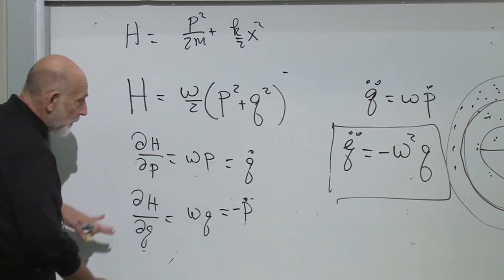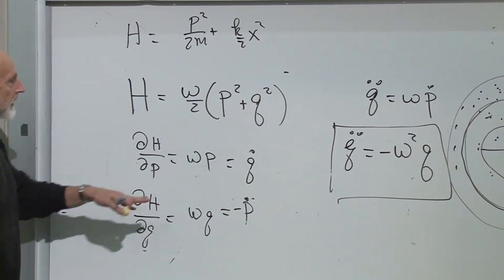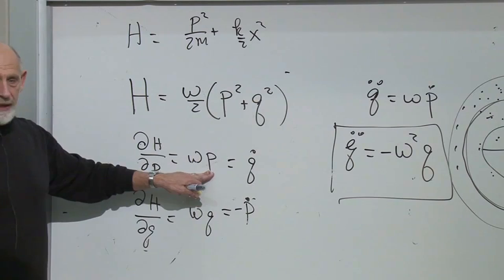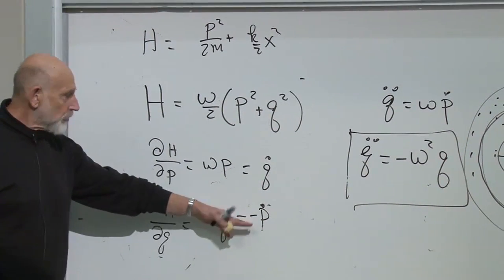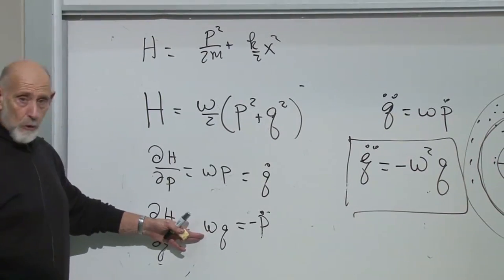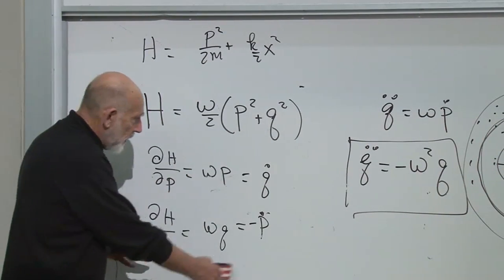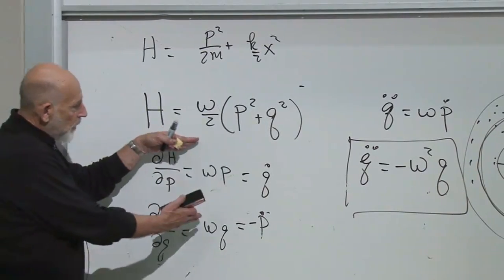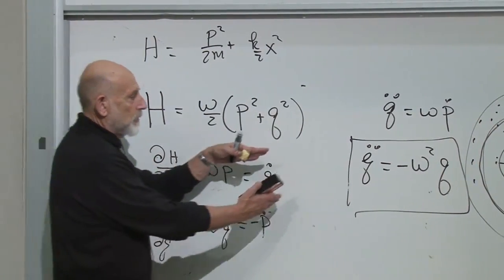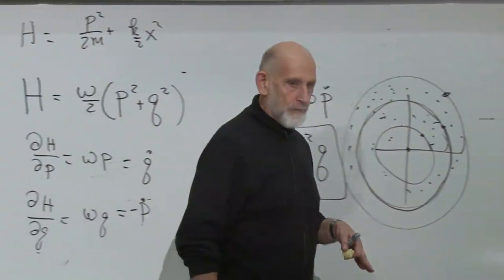So two equations, one of which can practically be regarded as the definition of P proportional to velocity, and the other one, P dot, is proportional to the force. You can think of these as a pair of first order equations, which are equivalent to a single second order equation.